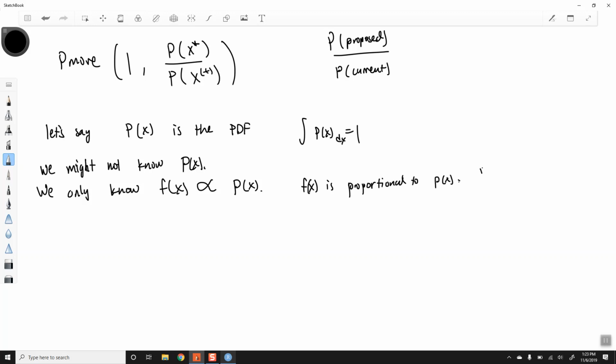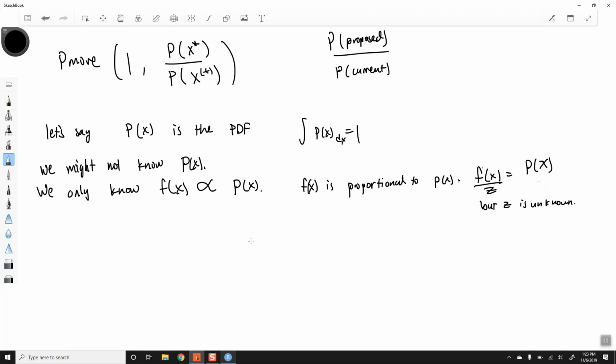In other words, f of x divided by z is p of x, but z is unknown.